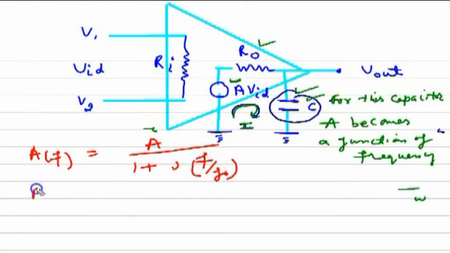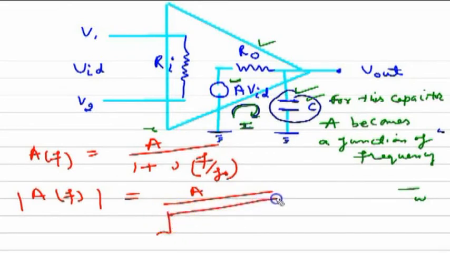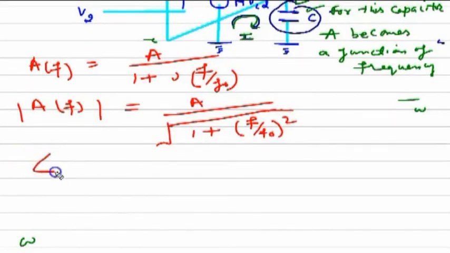So first of all, we take the magnitude of A F, and how do we get the magnitude of A F? Very simple, it is equal to A divided by the root of 1 plus F upon F naught whole square. This is the magnitude, and clearly with increasing F, the magnitude of A F decreases.